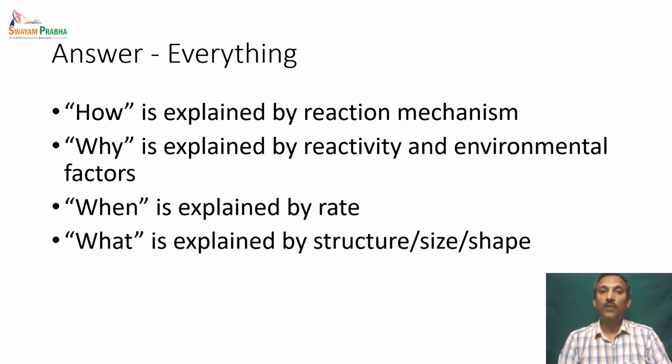And what product will be formed is basically explained by the structure, size, shape, electronic nature of the starting material, reagents, and the reaction conditions used. So these are all the different and very crucial things for solving organic chemistry problems.